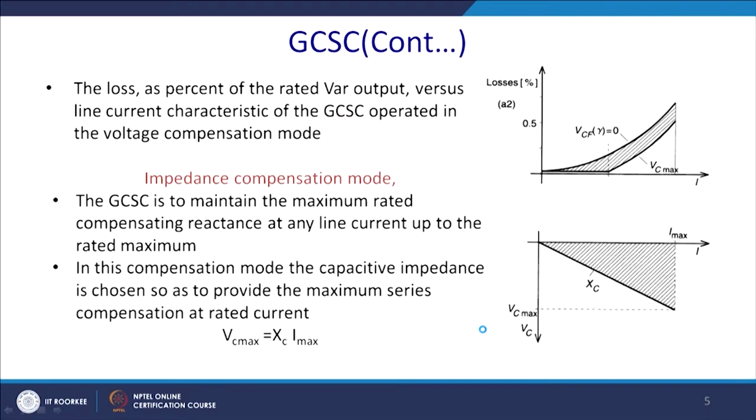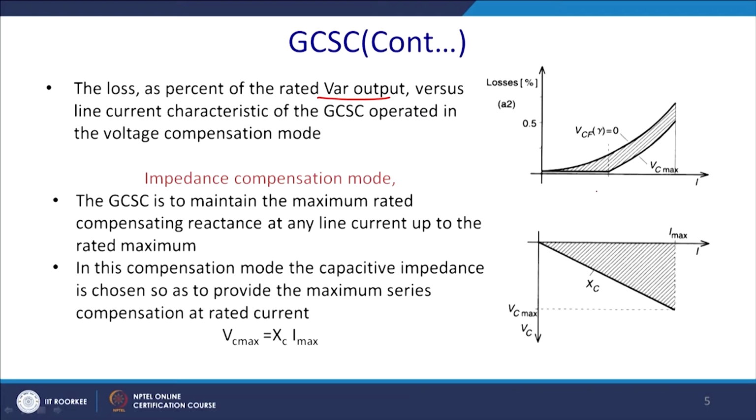Now, what is the loss? The loss as a percentage of the rated VAR output versus current characteristics of the GCSC operated in the voltage compensation mode is shown here.